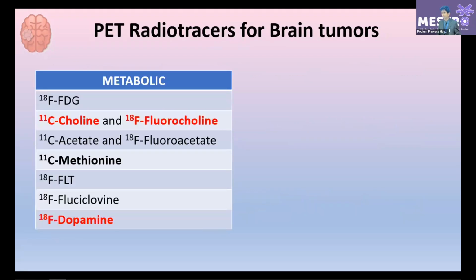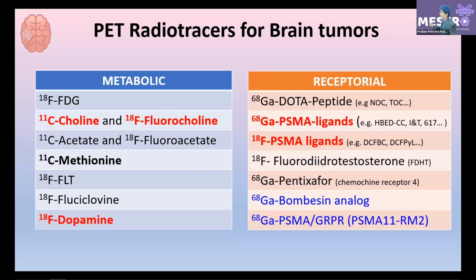So there are certain radiopharmaceuticals available. Number one are the metabolic agents. The very famous one is FDG, and there is another, choline, which is used for cell membrane synthesis. Dopamine is another tracer. And then you can see the certain receptors that are present in the tumor.